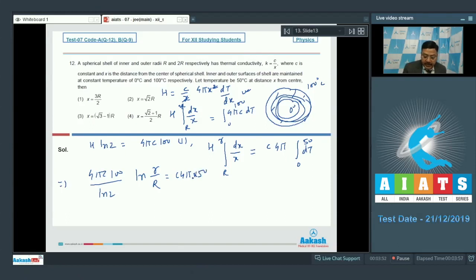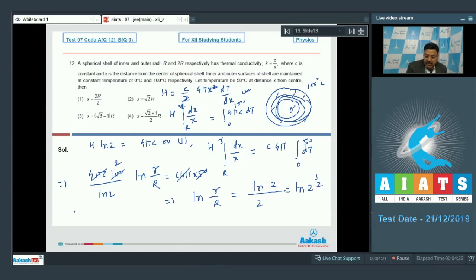Let's simplify further. So this 4 pi C cancels, this 50 cancels, and this is 2. What we get is ln of small r by capital R is equal to ln 2 divided by 2, which can be written as ln of 2 to the power 1 by 2.